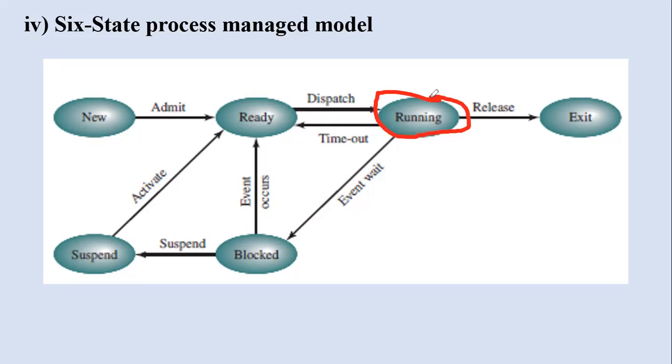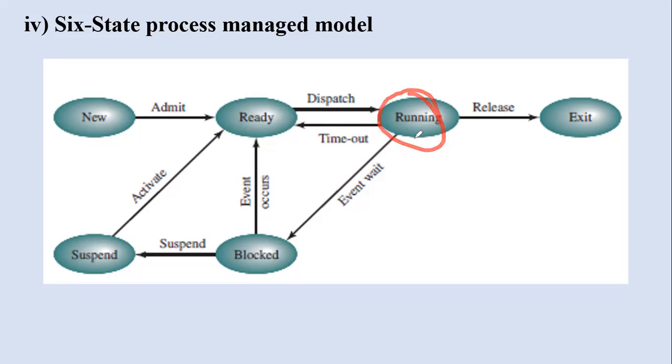So that is, the processor executes the instructions in that process. If the time for that process elapses before the process completes execution, it is interrupted, and then it is taken back again to the ready queue to wait. And once it gets its turn again, it is dispatched to the running state, that is the processor.